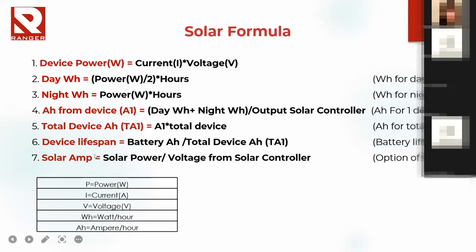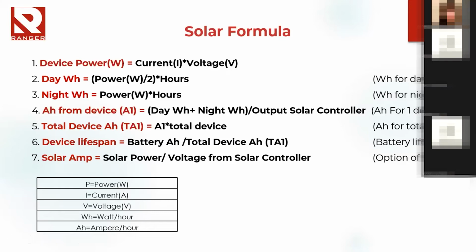If you have more than one camera, you have to multiply the AH from the device by the total devices, then divide it by the battery AH. Okay, formula number 7 is to calculate the MPPT current.